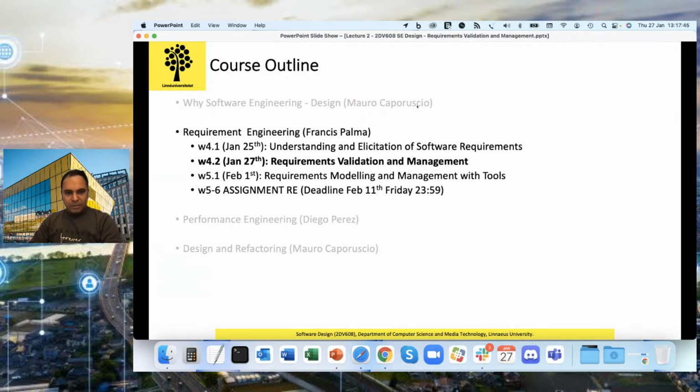In the previous lecture, we talked about how we can elicit requirements, how we can involve different stakeholders in finding out our requirements, and then how we can analyze those requirements using systematic analysis, for example a form based on multiple questions. Today we look at how we can validate requirements and how we can manage our requirements in a systematic way.